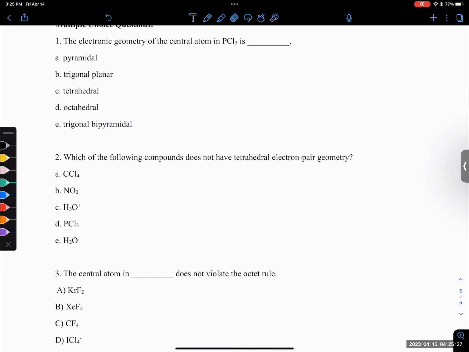So step 1, you're gonna draw out your Lewis structure. Step 2, figure out the electron geometry.